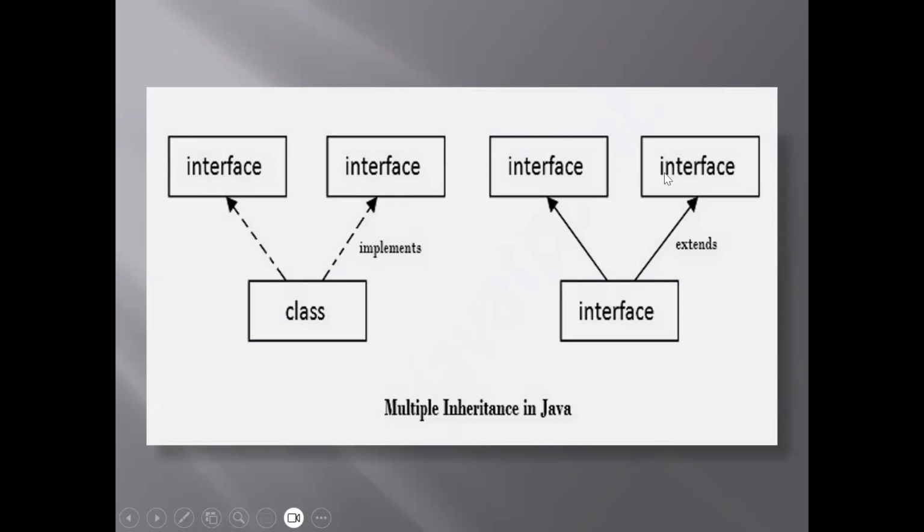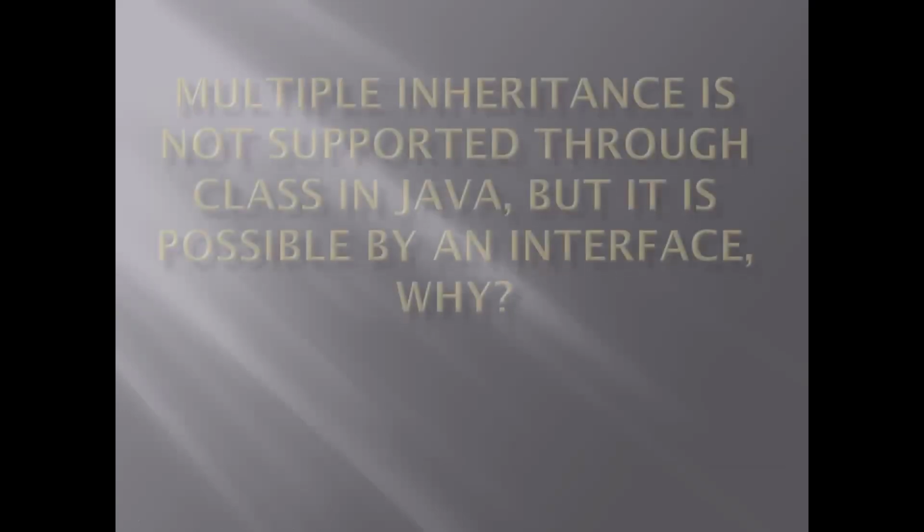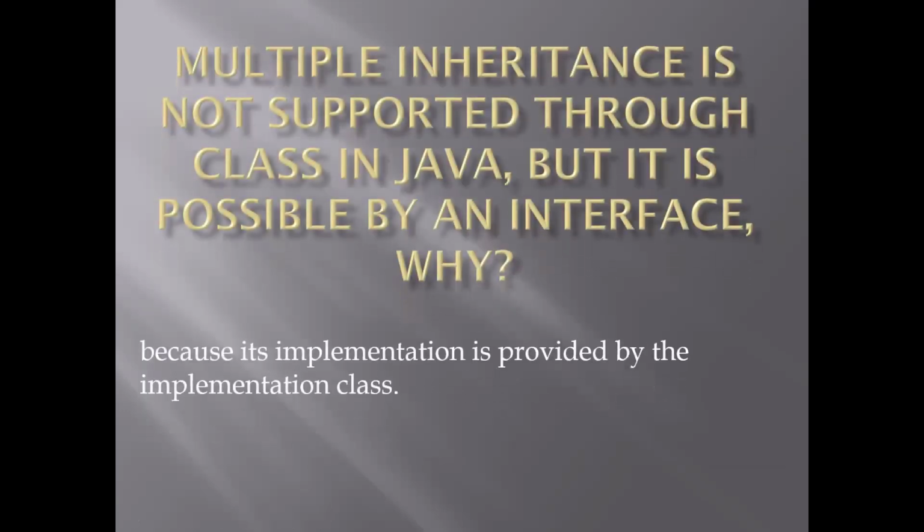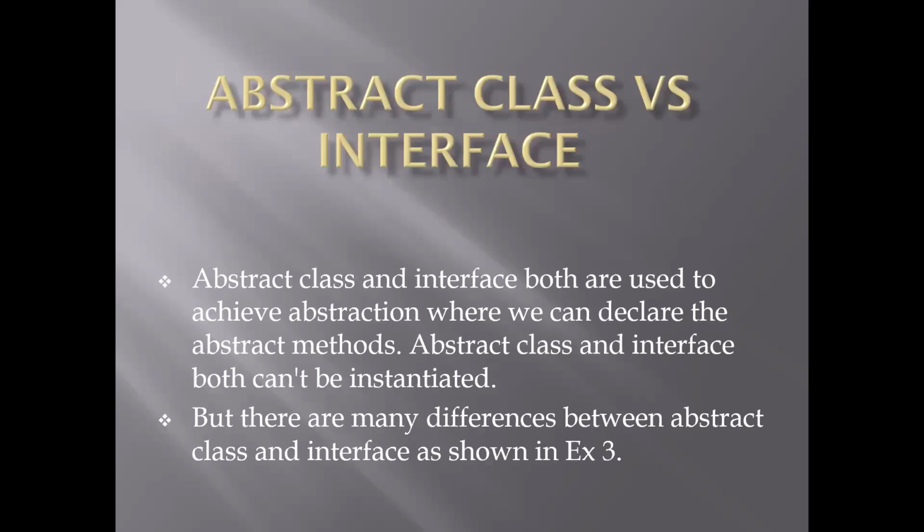These are the parents, and the one at the bottom is the child. So a class can implement multiple interfaces, and a child interface can extend parent interfaces. Okay, understand? Yes, this is the question of why it's allowed, already answered.